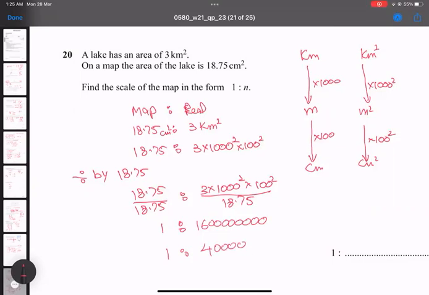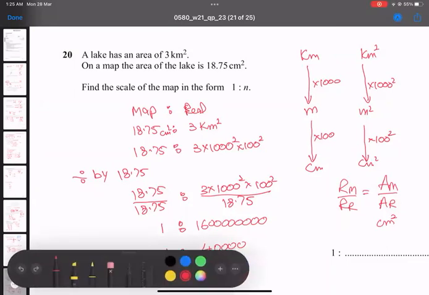So this is a way to get this answer. Second technique, we have another one. I'm going to show that too. The ratio of, for example, the area on the map by the area of the real, because area is already centimeter squared, and the ratio always comes in centimeters.